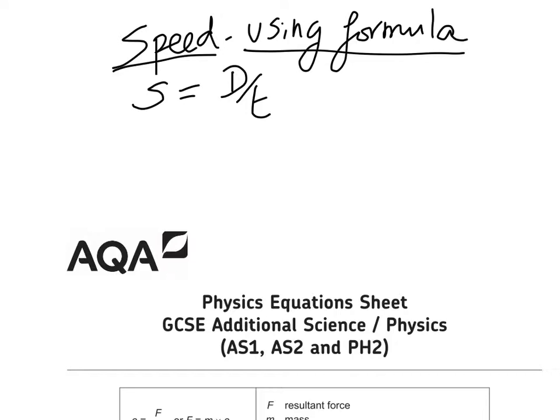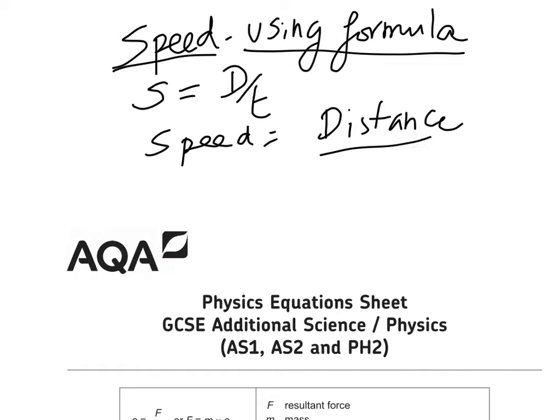So this is the same as speed, distance over time. And time can have any unit. So depending on what units you have for distance and time, the unit for speed changes.